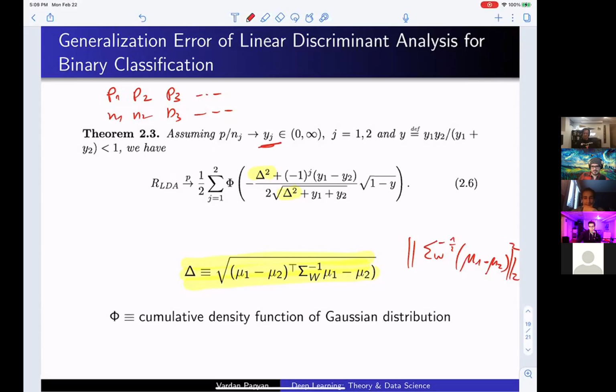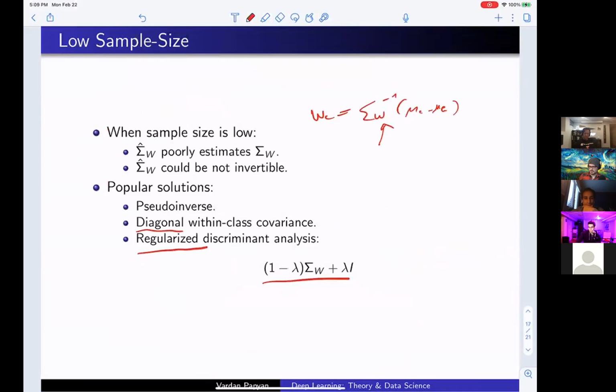But okay, I didn't understand well the difference between RLDA and LDA. How do you modify the problem exactly? So in RLDA, all you do is modify the within class covariance by some lambda times identity. So you push your within class covariance towards an identity matrix. What's the intuition?